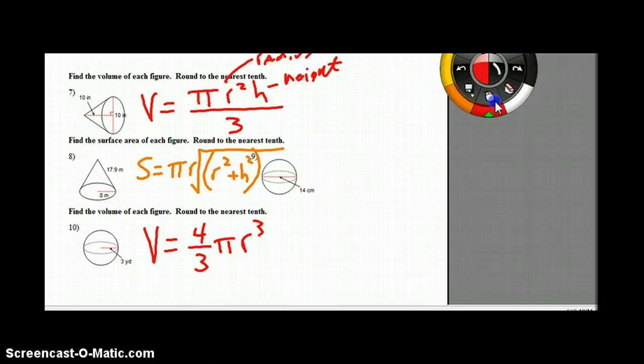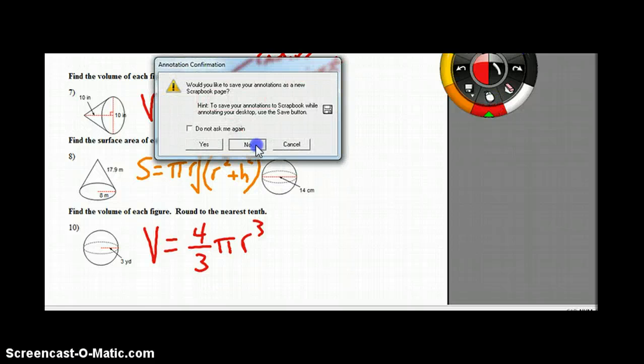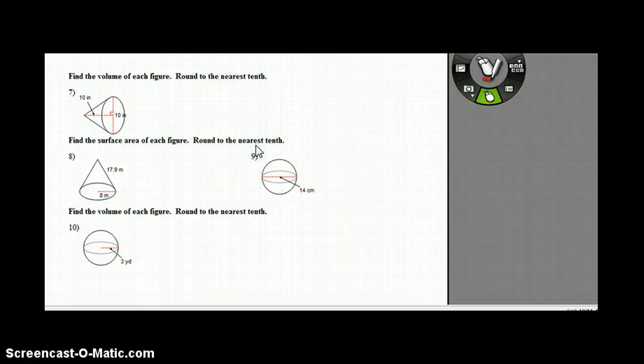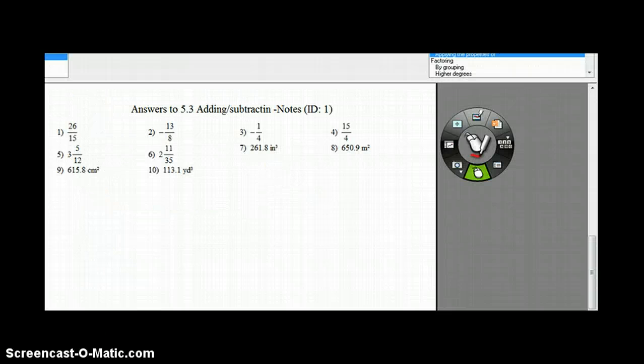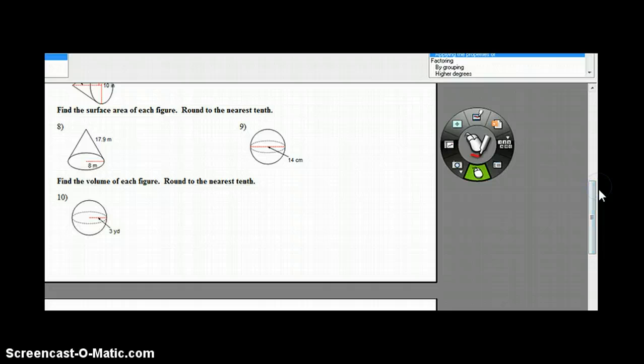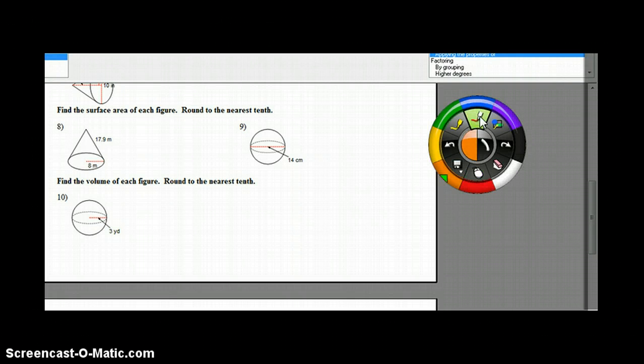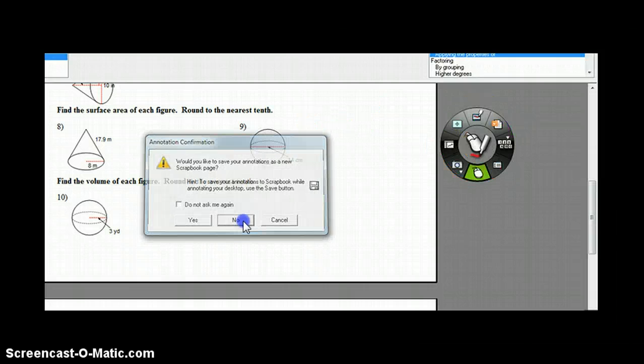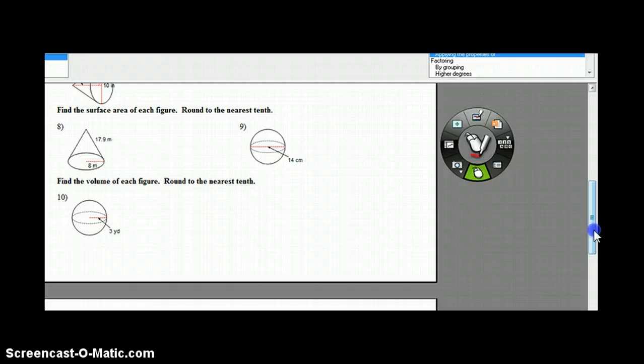Hit pause, get your calculator out, and punch. I forgot to give you the surface area formula for number 9. Surface area is 4 pi r squared. And then I'll show you the answers that you should have gotten when you punch those out.